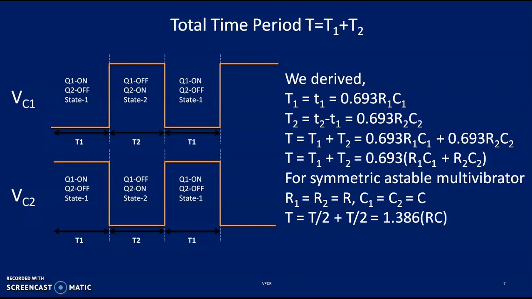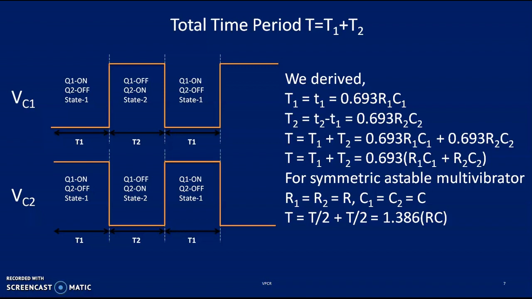So when you consider a symmetric astable multivibrator, capital T is nothing but T by 2 plus T by 2. That means both capital T1 and capital T2 are the same.